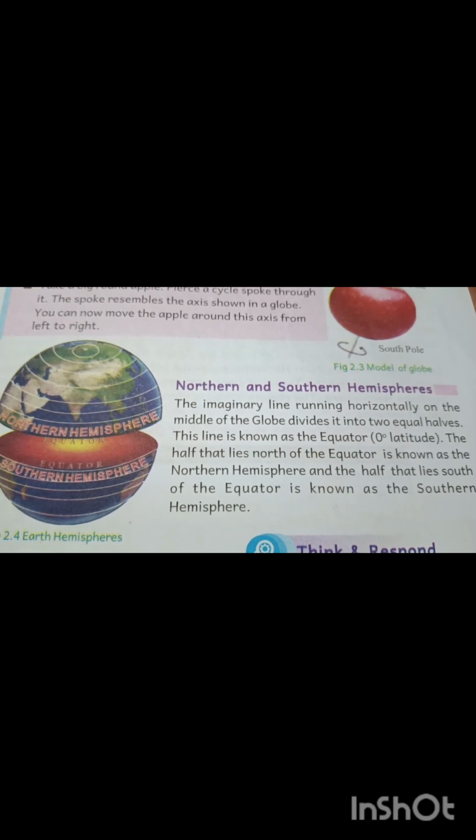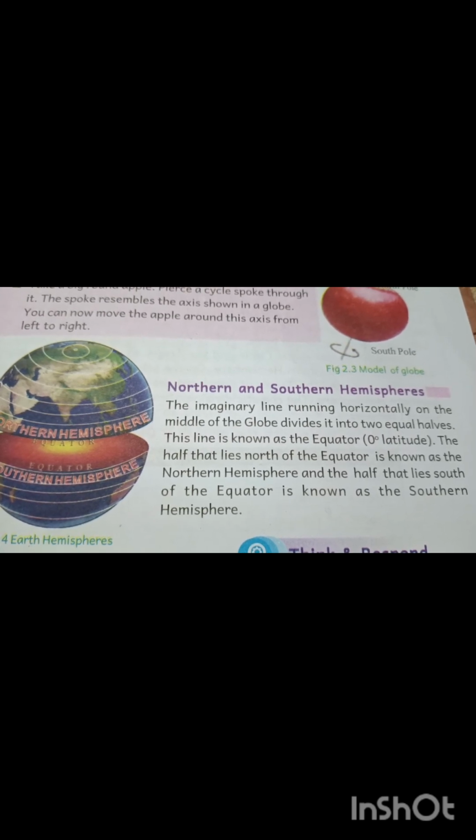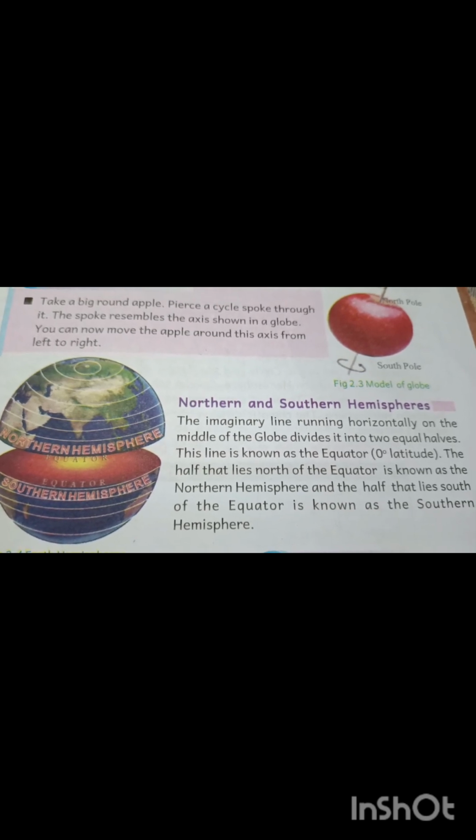This line is known as the equator, 0 degrees latitude. The half that lies north of the equator is known as the northern hemisphere, and the half that lies south of the equator is known as the southern hemisphere.